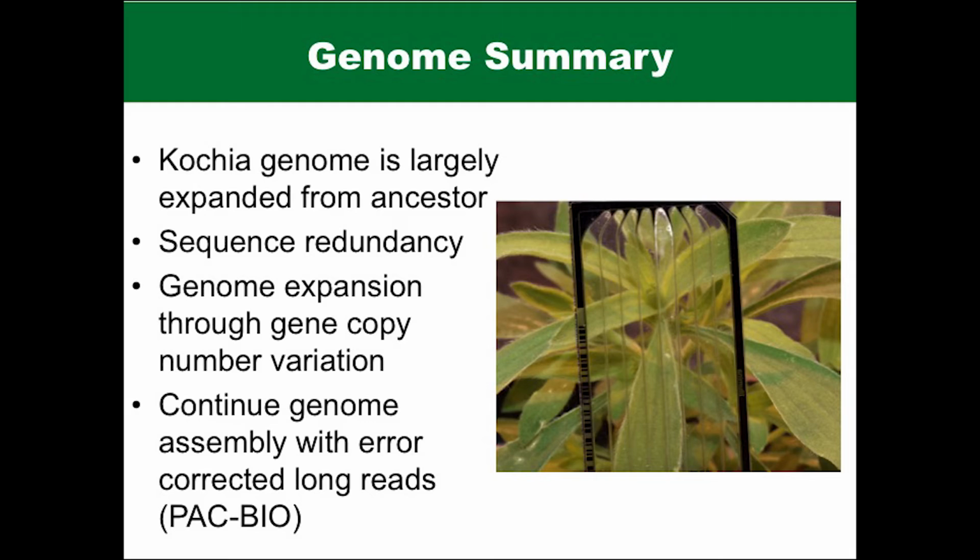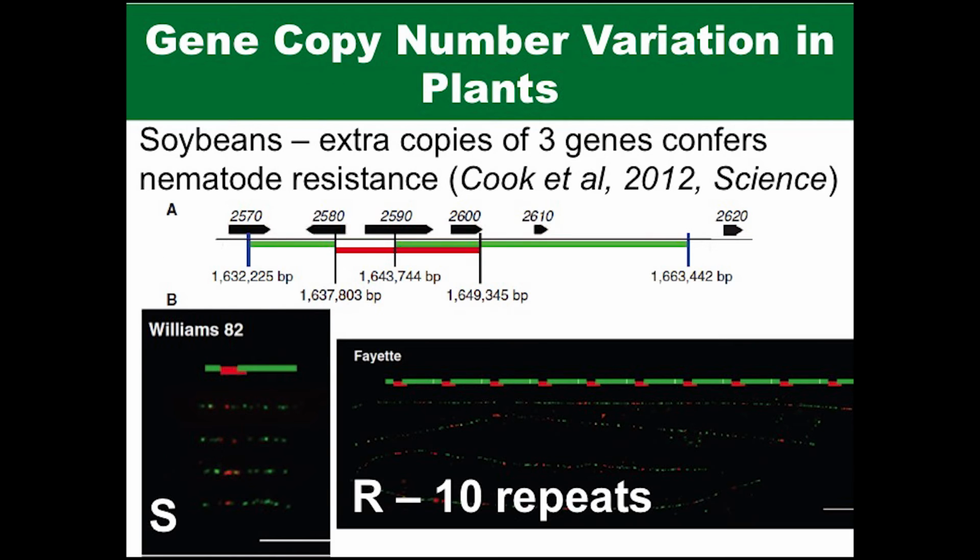So we've done a lot of work to get that high quality and very long DNA from kochia, and we're awaiting those results to see if we can do one of these hybrid assemblies, take those PacBio reads, correct their high error rate with our better Illumina data, and then hopefully come to an assembly that will work and then perhaps feed into some of these research goals as far as doing GWAS or doing a mapping study for a particular trait of interest. But it's definitely a work in progress.